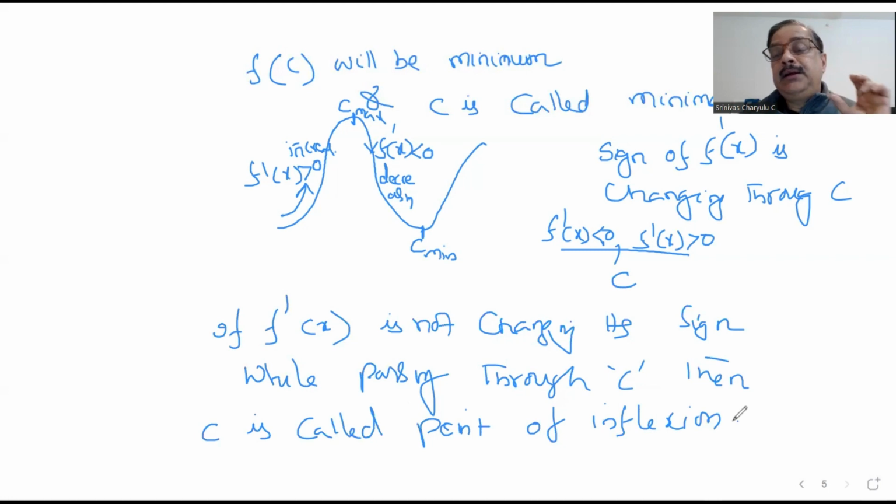So now what we learned? We learned 2 points. One is maxima, minima. Next, third one we learned point of inflection.